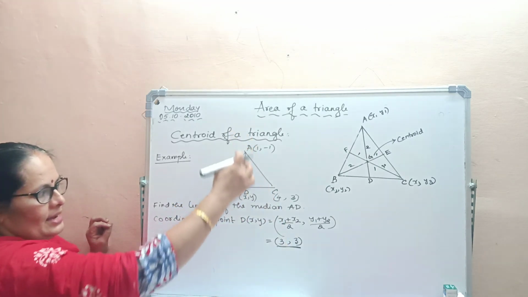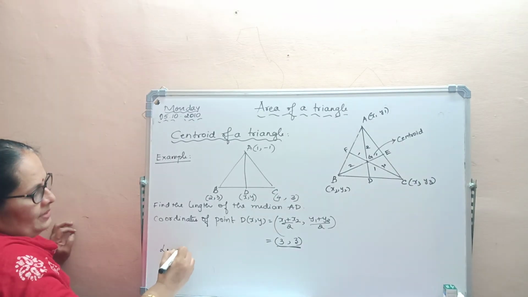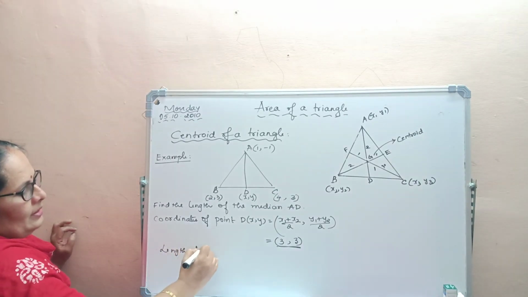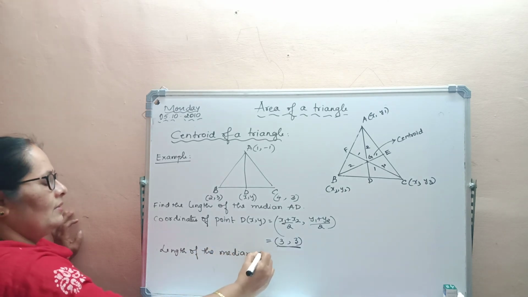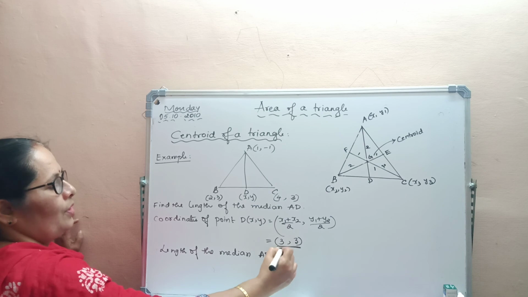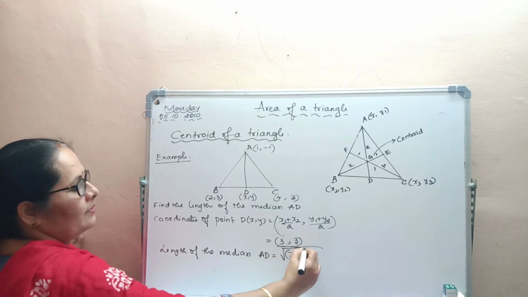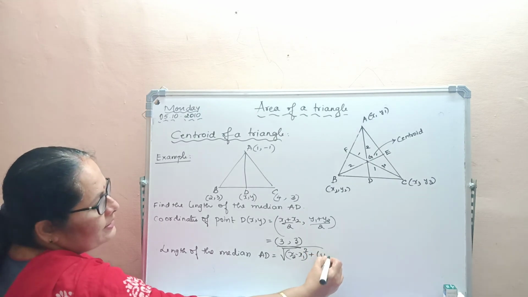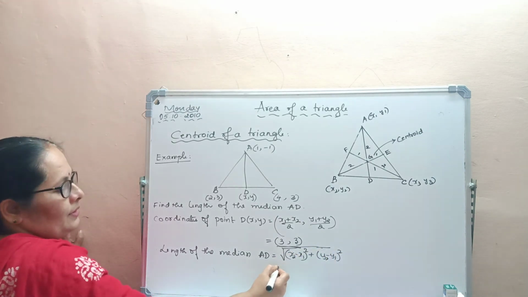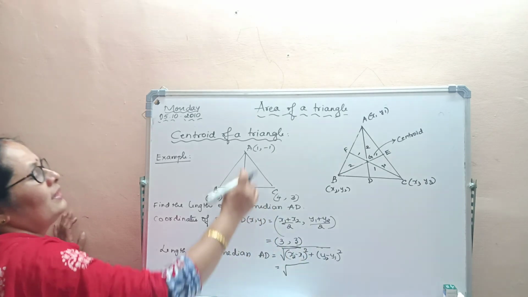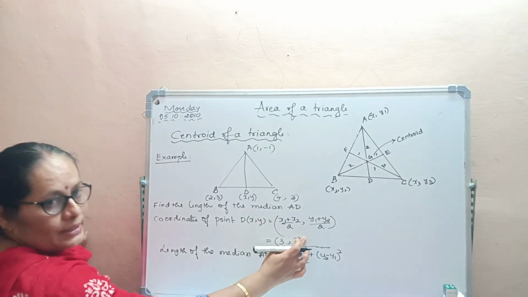Now we can find the length of the median AD. So length of the median AD equals root of x2 minus x1 whole square plus y2 minus y1 whole square. Now see here, this is 1. X is 3 and y is also 3.